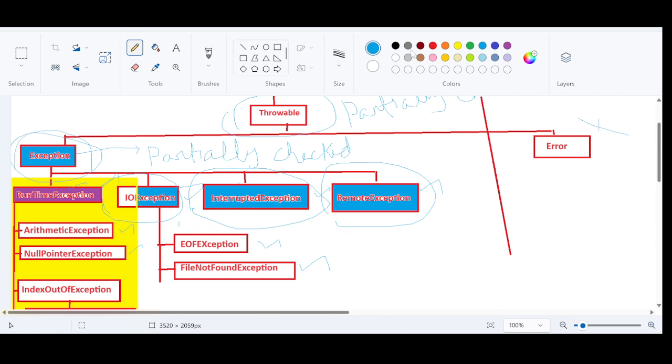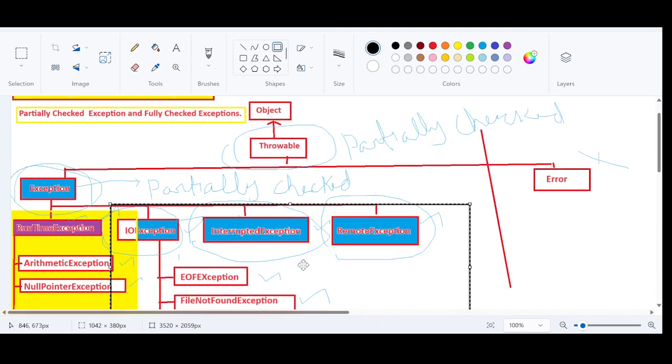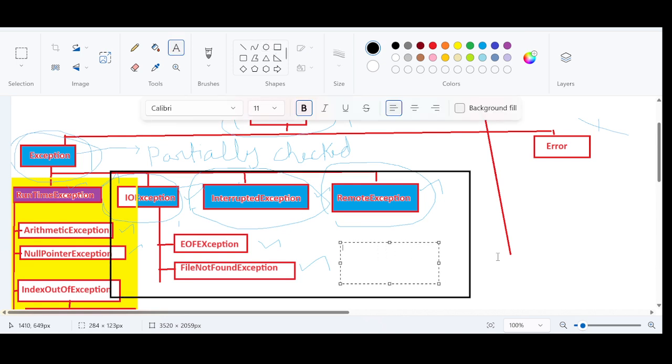Hope you understand. Consider IOException, InterruptedException, RemoteException. All these exception classes and all their subclasses are completely checked exceptions. That's why these classes are called fully checked exceptions. Let me write it here.